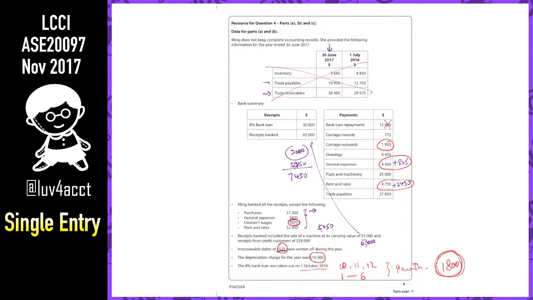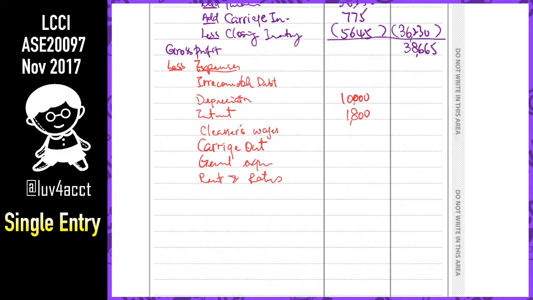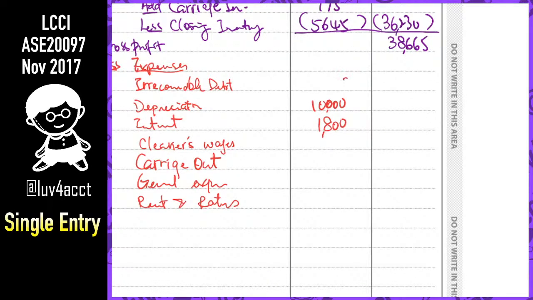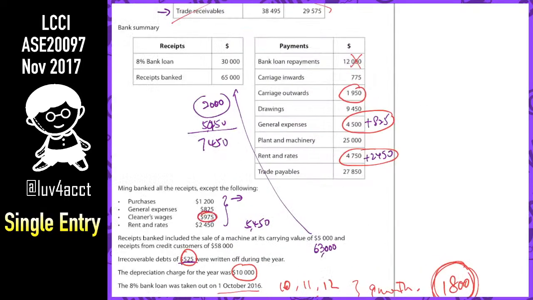So let us put in these few things first: irrecoverable debt 525, cleaners' wages 975, 1950 carriage out, general expenses and rent and rates.